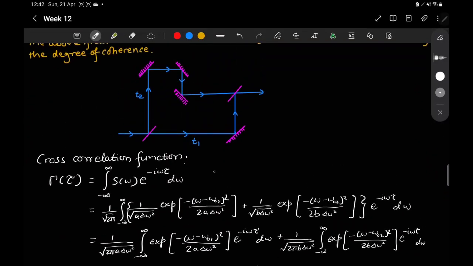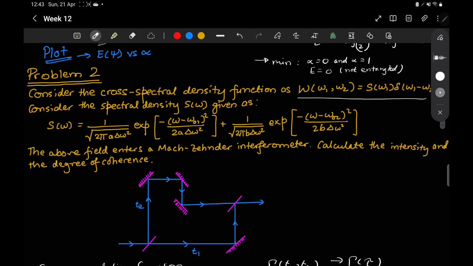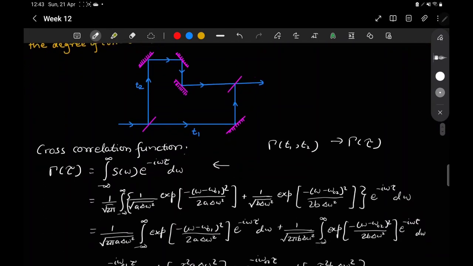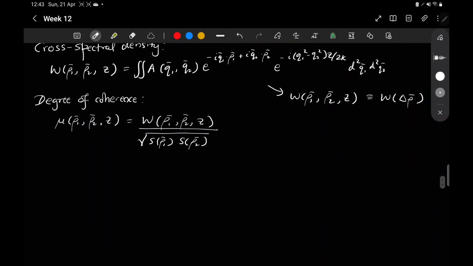So this cross correlation function is essentially a function of t1 and t2, but this becomes a function of tau only because of this particular form of the cross spectral density function. But let us see that explicitly over here.